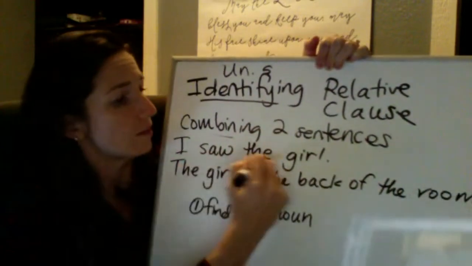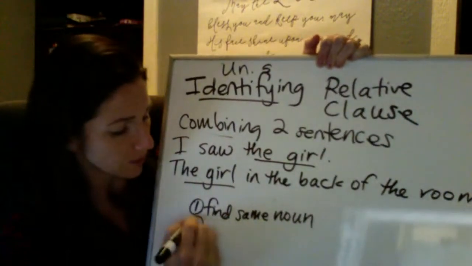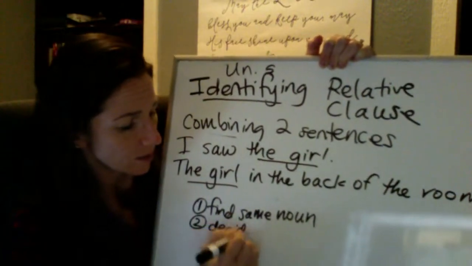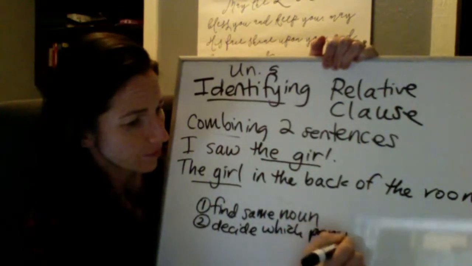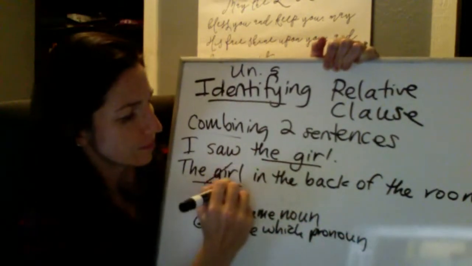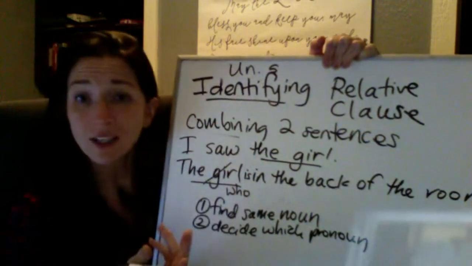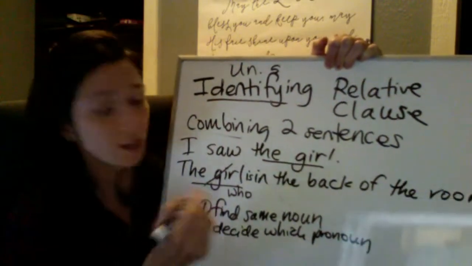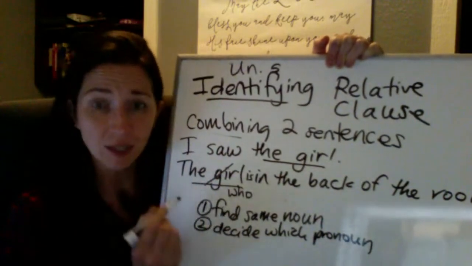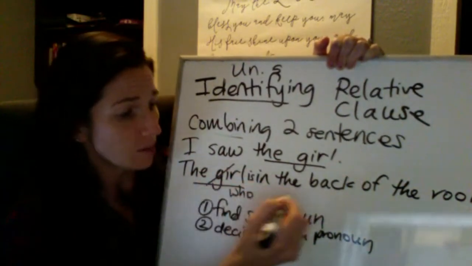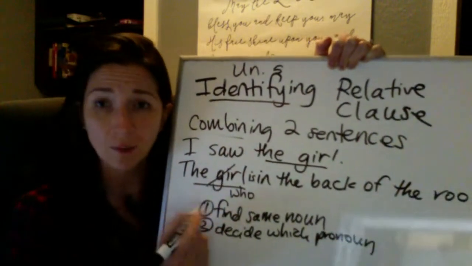We've got the girl and the girl. Second thing, decide which pronoun. Who is in the back of the room? So it's a who, of course, because she is a person. And it's in the subject position, subject, verb, object, so it's not whom, it's the subject position before the verb.